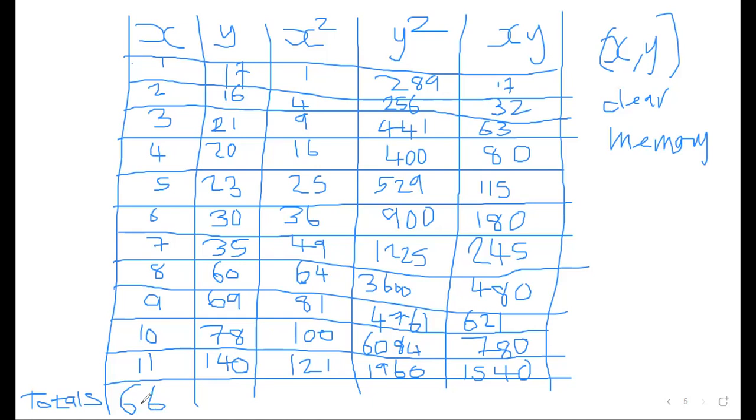The summation of Y getting down to Y there is 509. Then the other one, X squared, is 506.